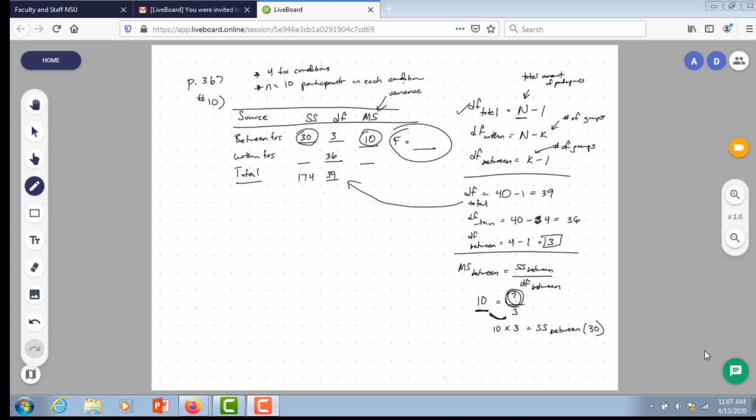Now from there, folks, once you got the sum of squares between, many folks may want to tackle this, but I would say hold off on calculating your mean squares for within treatments, because you have two key pieces of information here that could lead you to get your within treatment sum of squares a lot faster and easier.